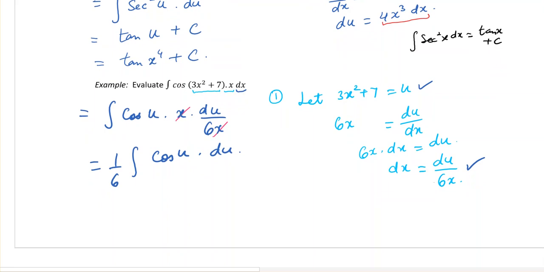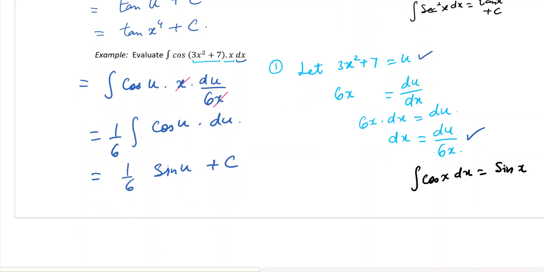So now we can proceed with solving our integral, and we know that integral of cos x dx is sin x. So in this case, the integral would be 1 over 6 sin u plus c.